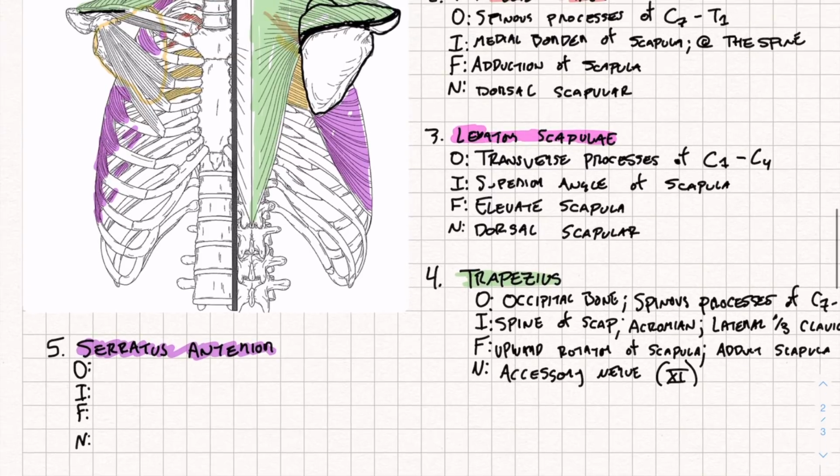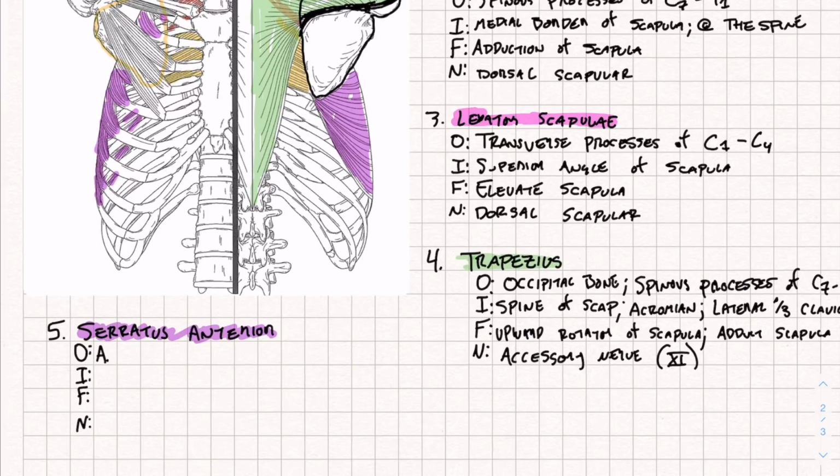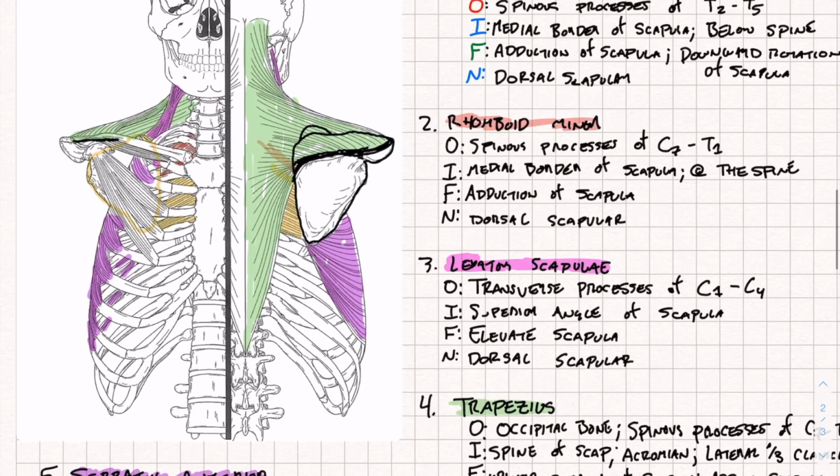Okay. So the origin, again, is the axial skeleton, which on this picture is our ribs. So this originates on the anterior... Just kidding, not anterior. The lateral surface of ribs 1 through 9. So from your first rib all the way up here, 2, 3, 4, 5, 6, 7, 8, 9.